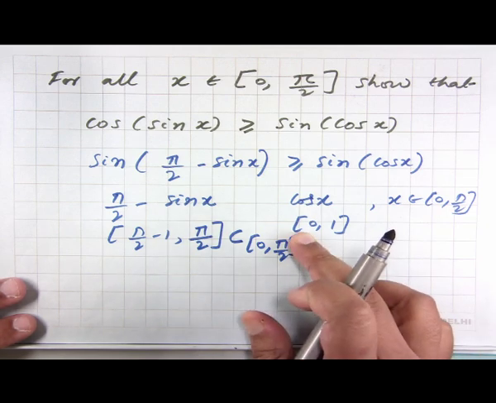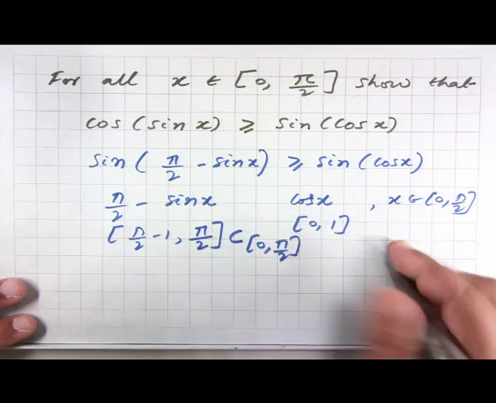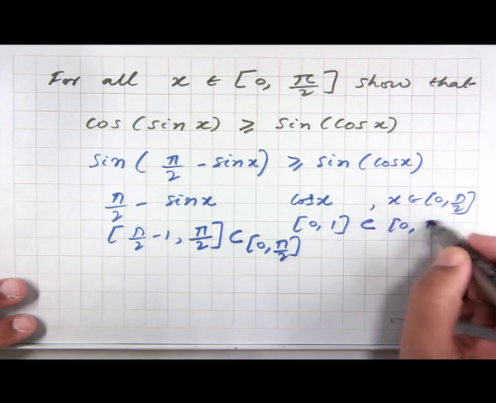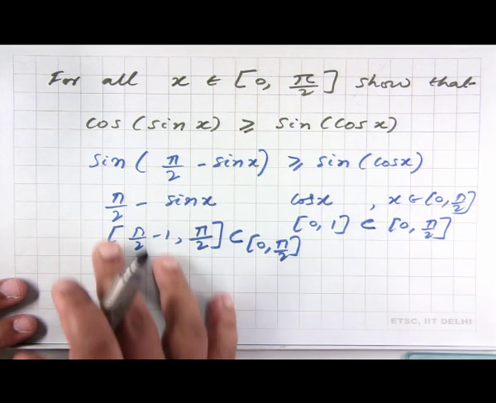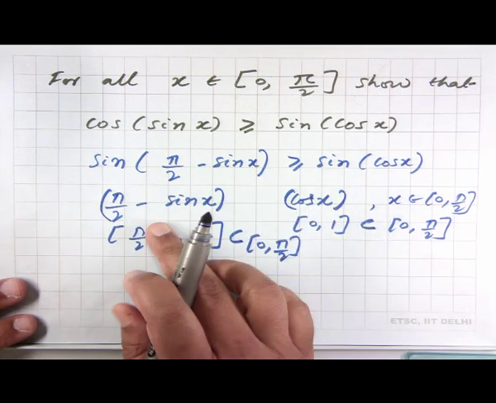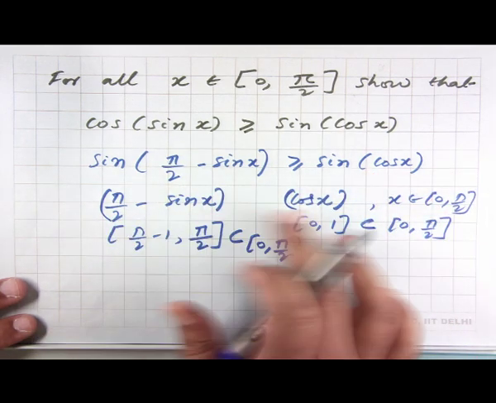The set of all values taken by cos x, between 0 and 1, is also a subset of the interval 0 to pi by 2. So, this tells us that both pi by 2 minus sine x and cos x, which are the arguments here, belong to the interval 0 to pi by 2.